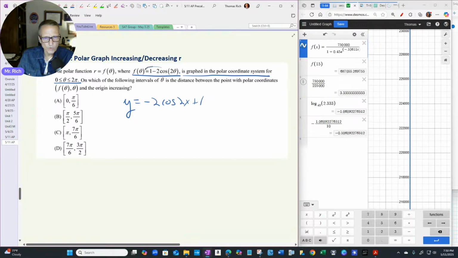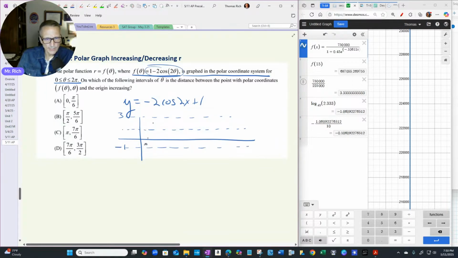I'm changing the order of the terms to make it look like it would look if I was to graph it in the xy coordinate system. Plus 1 means I've got a midline shifted up to 1. It has an amplitude of 2, so it would come up to 3, and it would come down to -1. That's what the function would look like.